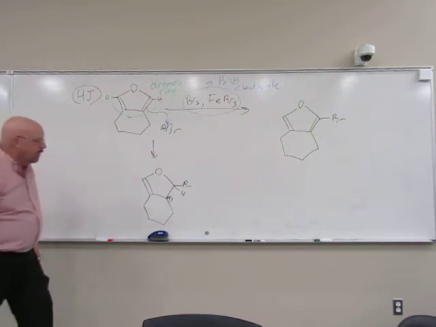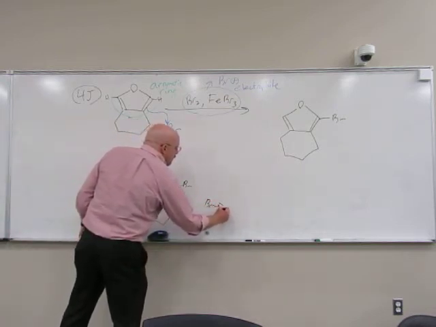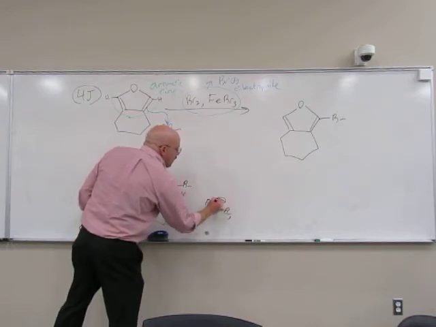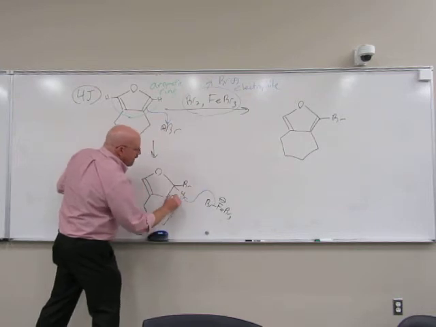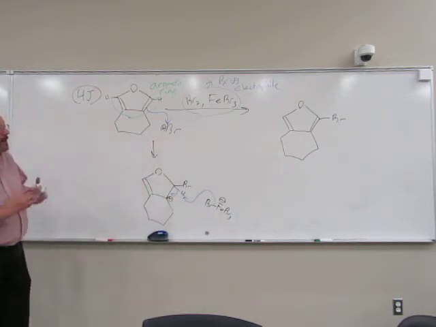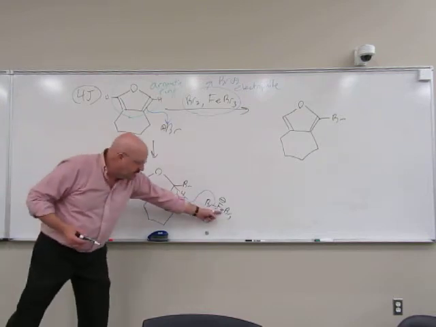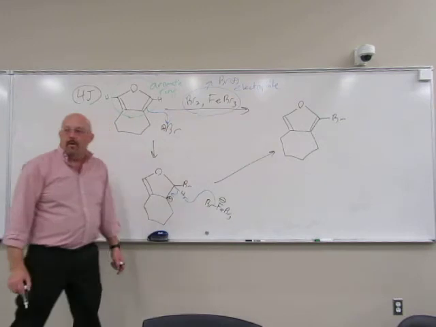I also need to get the Lewis acid catalyst back. So we're going to take the bromine off of this to come and grab the hydrogen. That will make HBr. We get HBr as a byproduct. That also gets me my Lewis acid catalyst back. And then that gives us our aromatic ring back as well.